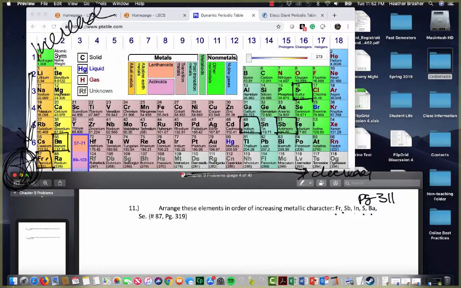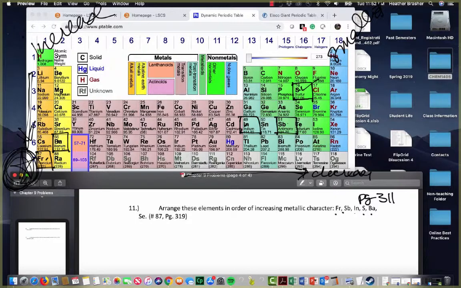So our biggest that we're going to get, I'm looking, the metallic character increases and decreases over here. So it's the smallest. So we're going to start with the smallest and go to largest.